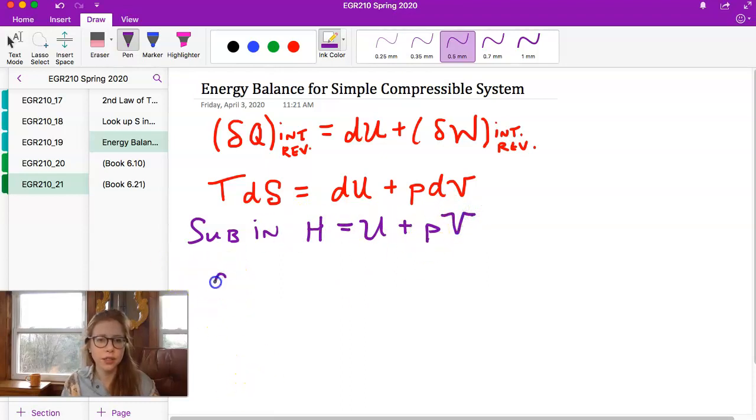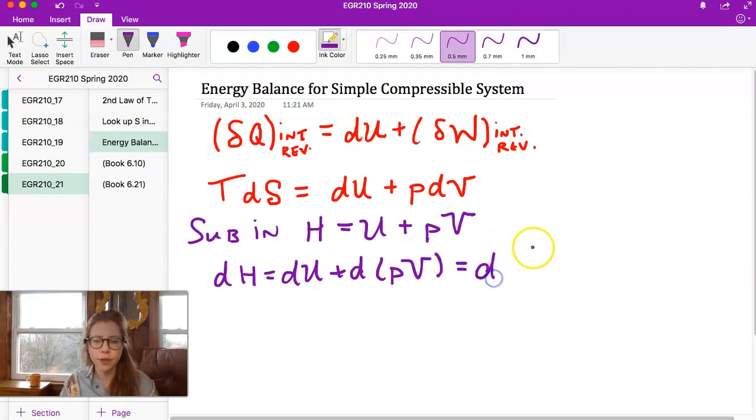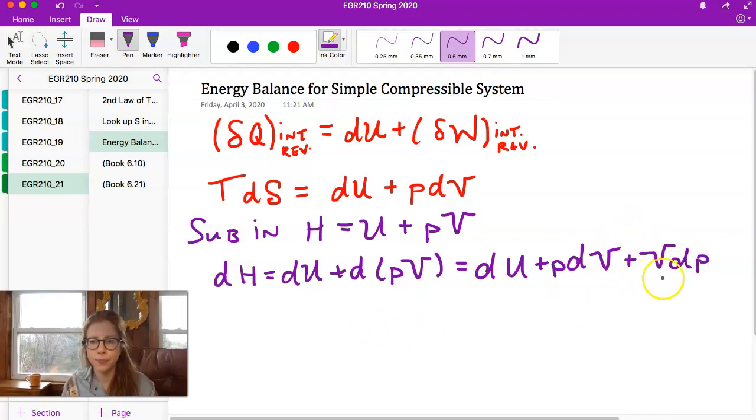So the change in enthalpy is going to be equal to dU plus dP times V, plus P dV, which is dU plus P dV plus V dP. We're just expanding out. And notice that dU plus P dV is, once again, T dS.